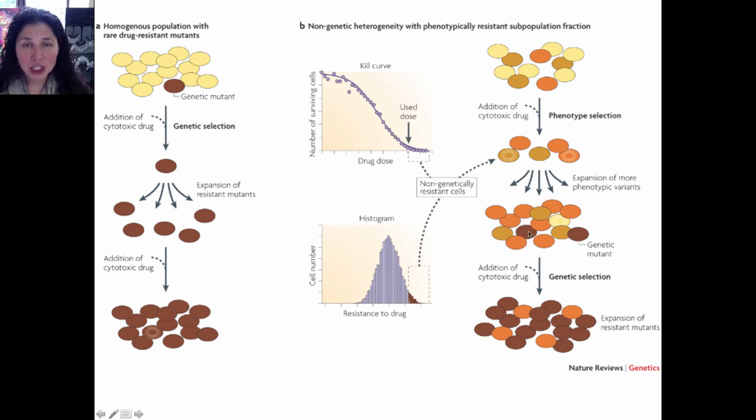And if genetic mutation is common, then further genetic mutation can lead to even more resistance. Then the next time you add the drug, you've selected for the most resistant individuals. The population changes because of mutation and because of stress. In this case, the stress is a drug.